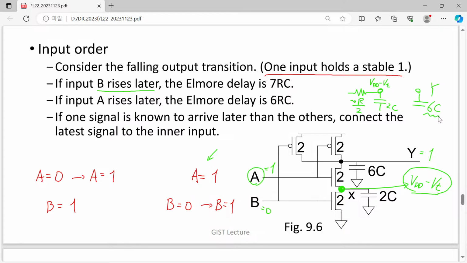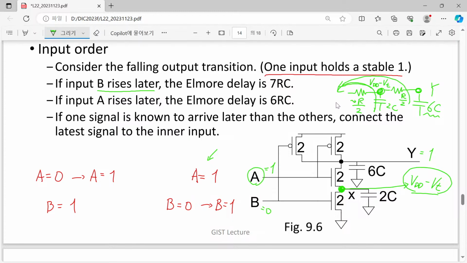Of course, this 6C originates from our P MOSFET and N MOSFET. That is the situation, and here we also have half R. Then we want to consider the discharging time for this Y node. And you know that here we also have the discharging phase for this first line. So this path should be discharged, this one is discharged, and also this one should be discharged.